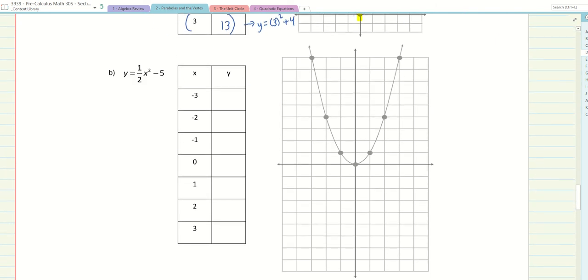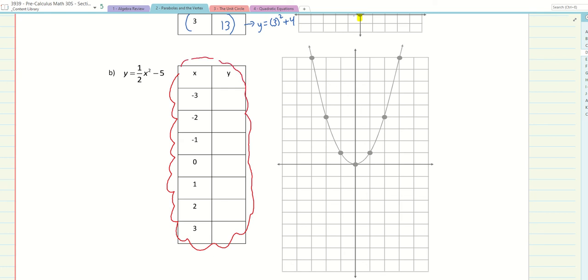All right, let's look at this next one and see if we can figure out how to graph it. You could go ahead and plug in the points, work it all out, do the math. But we want to get away from having to do this t-chart and all the arithmetic involved in figuring out what the thing looks like that way.